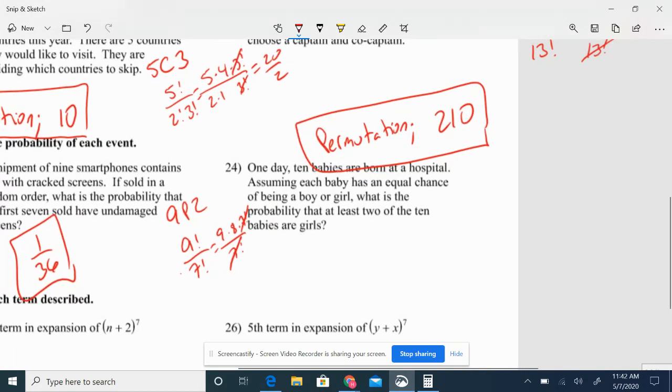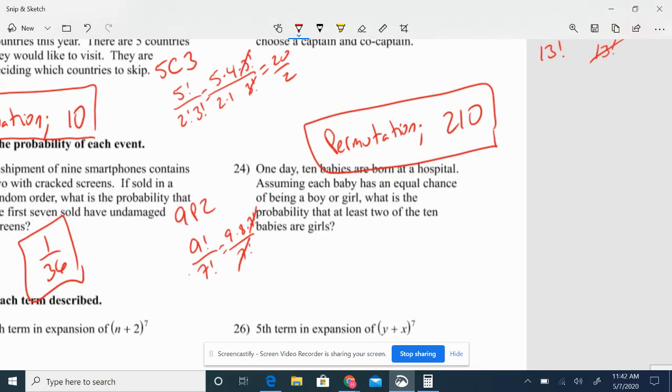Looking at question number 24. One day, 10 babies are born at a hospital. Assuming each baby has an equal chance of being a boy or girl, what is the probability that at least 2 of the 10 babies are girls? So I'm looking at the probability that at least 2 of them are girls.